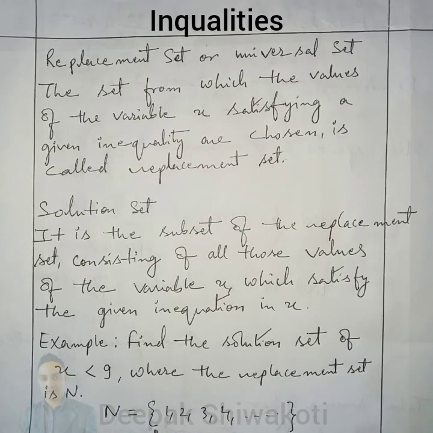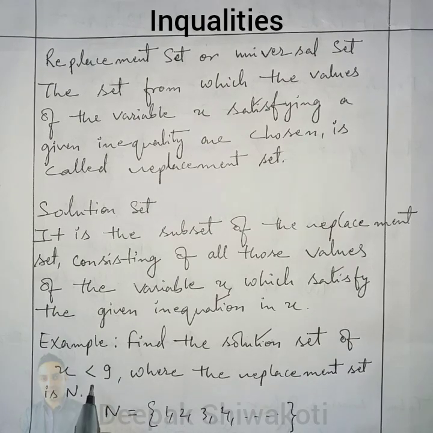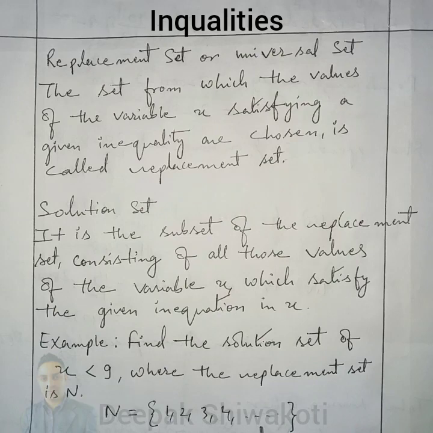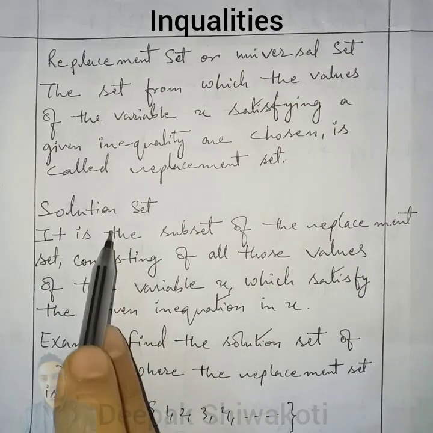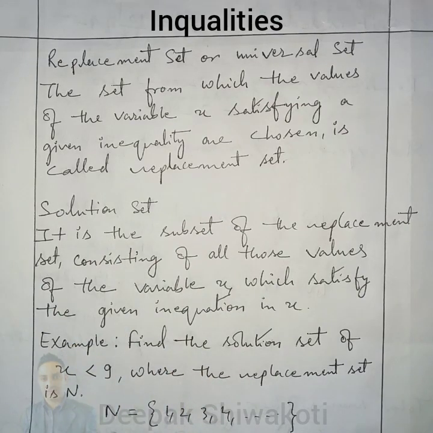Now x is less than 9, so all the values from natural numbers which are less than 9 are x. So this is the replacement set from where we get the values of the solution set.